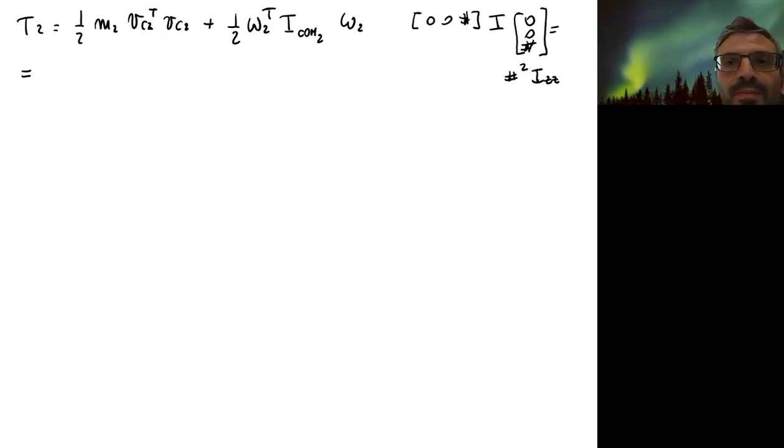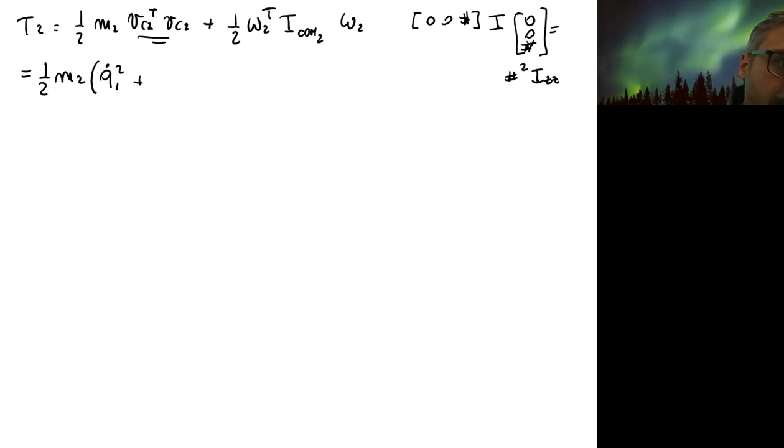You can do the computation and verify this. While the other two terms are just the square of the coordinates of a velocity vector, and we can compute them. It was Q1 dot squared plus DC2 squared.